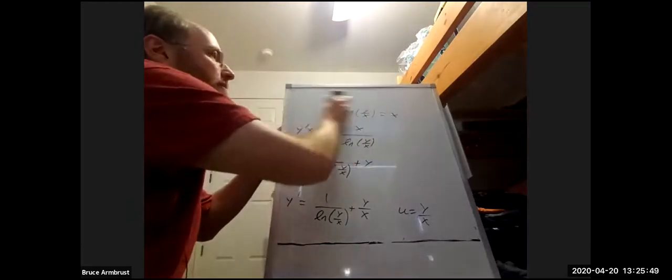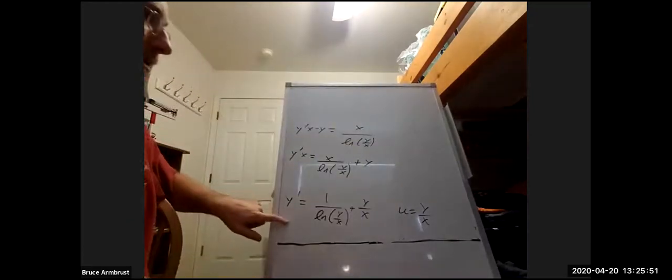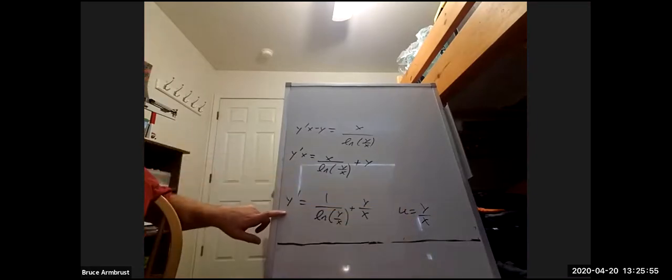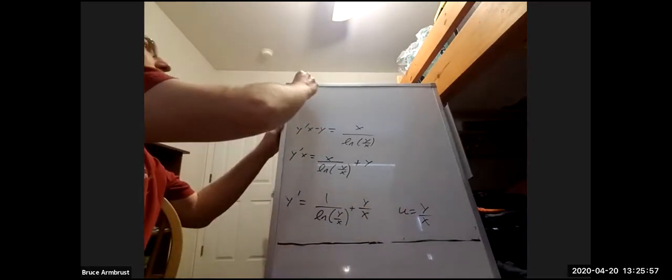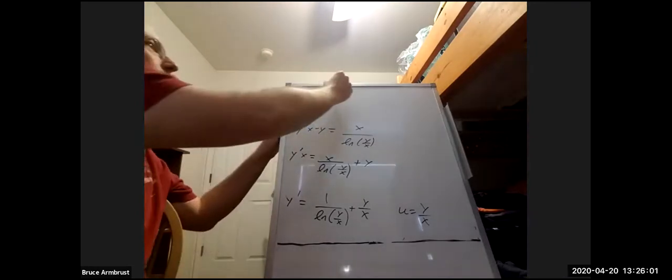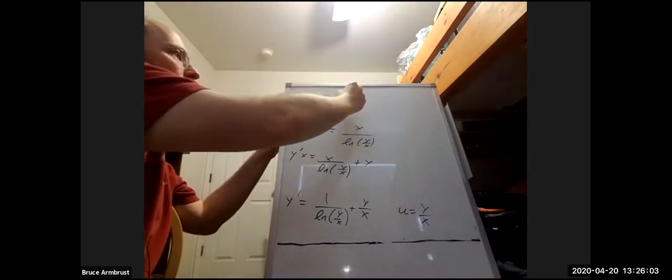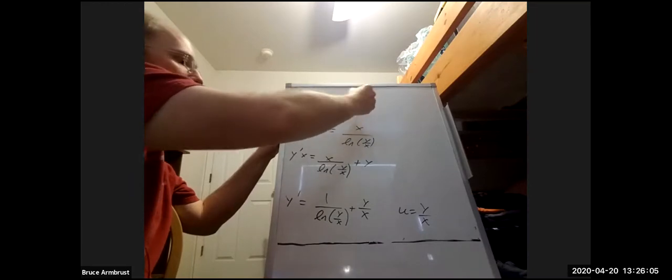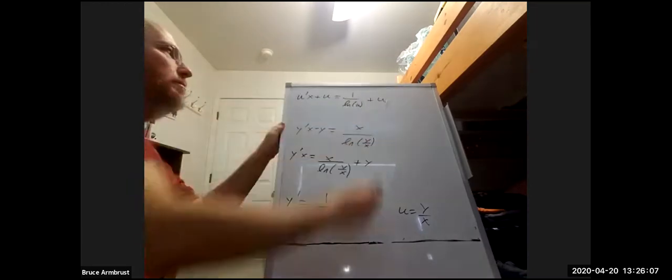Then this differential equation now is going to look a little different. Remember, y is u times x, which means y prime is going to be u prime x plus u. And that's going to equal 1 over the natural log of u plus u.